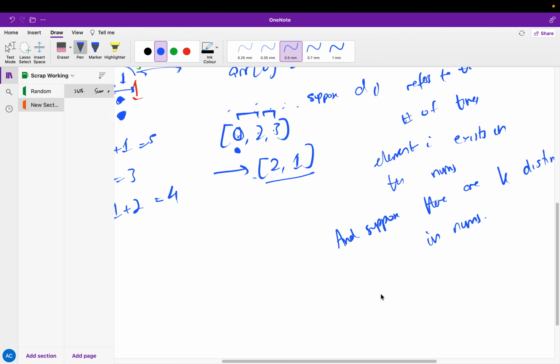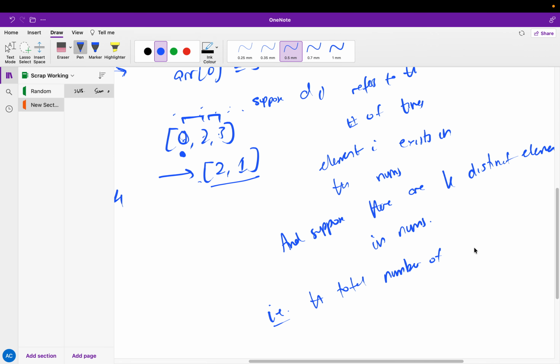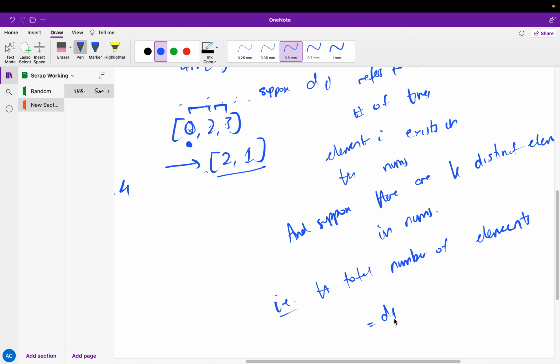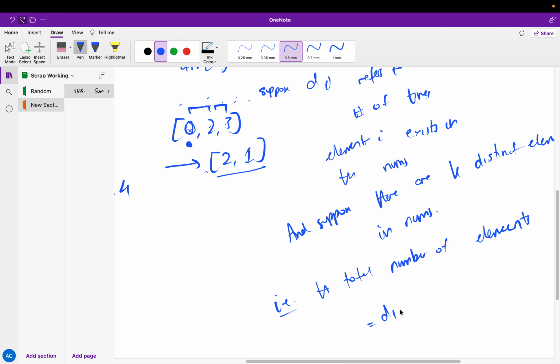So the total number of elements is equal to d_alpha1 plus d_alpha2 plus dot dot dot plus d_alphak, where each alpha refers to the particular element and d refers to how many times they appear.